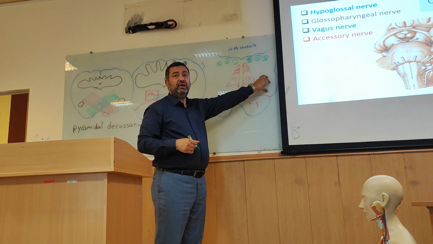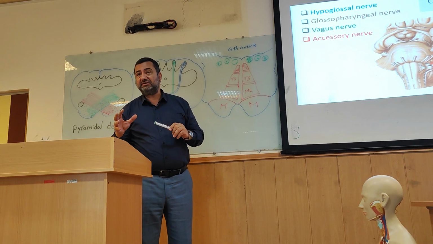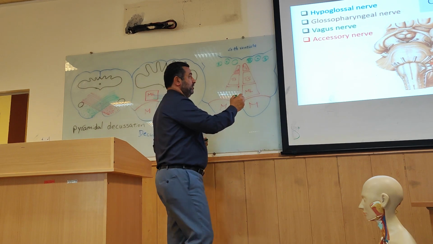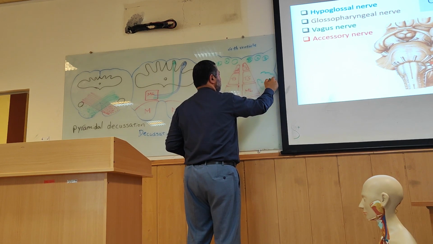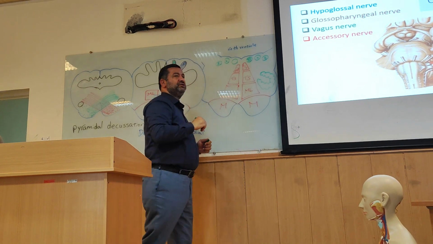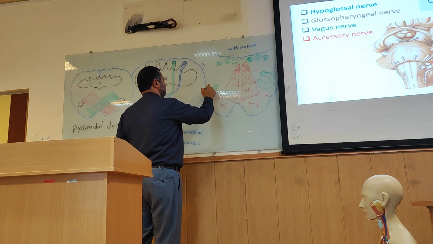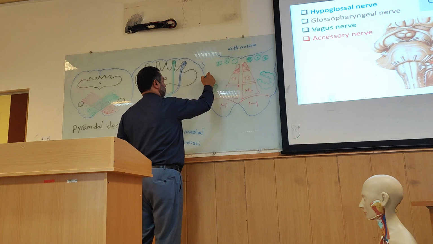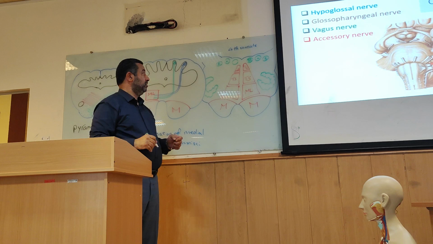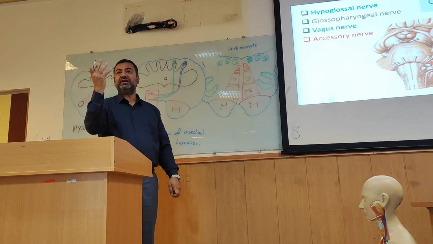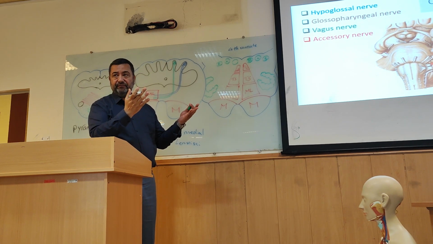Under olive on each side, there is inferior olivary complex. Inferior olivary complex is formed by inferior olivary nucleus. That inferior olivary nucleus is similar to a shrinkage bag, and the opening of this bag is posteromedial.